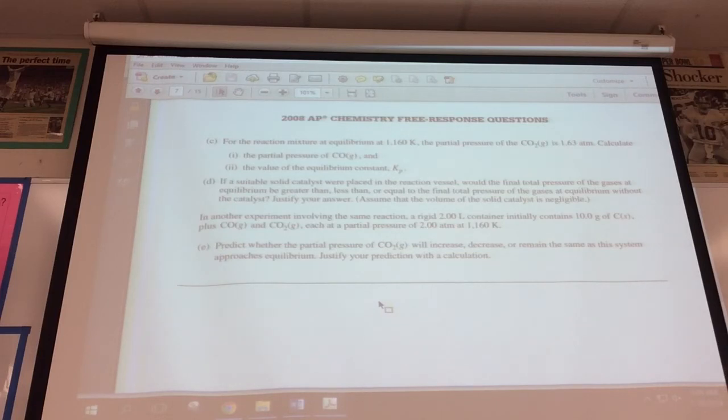A catalyst affects reaction rate by providing an alternative pathway with a lower activation energy. But how can you link it more to equilibrium? The forward and reverse reaction rates would both increase the same, so that equilibrium doesn't change. That is correct. Both rates would be affected the same, and as a result, there would be no effect on equilibrium.